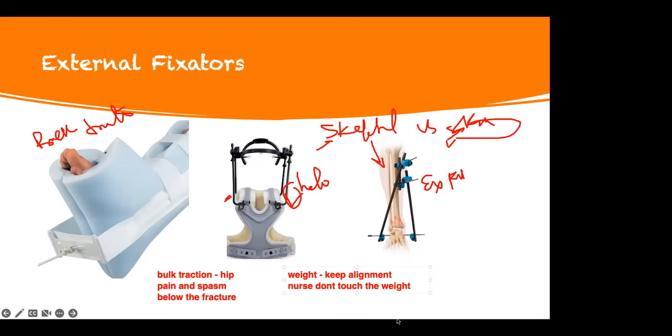The limb has to be in neutral position at all times. That's the limb. You have to keep it in neutral position at all times. And it's very important. So for this patient, for every traction, you need to assess skin integrity. And you have to check neurovascular status.